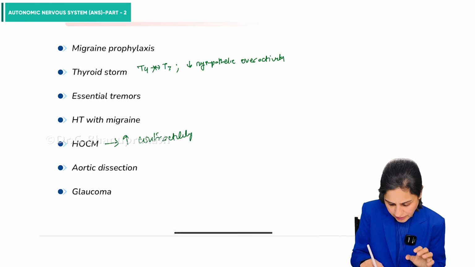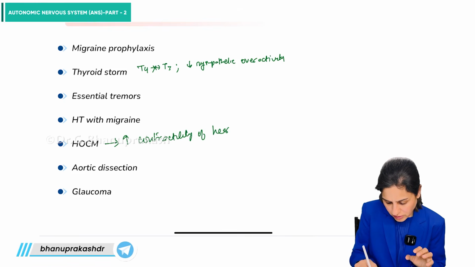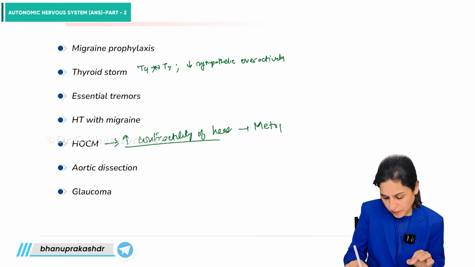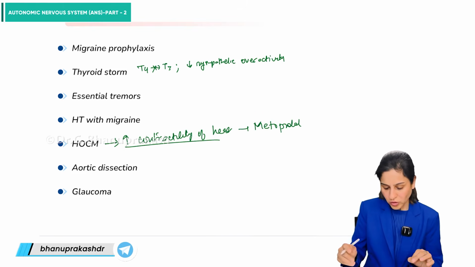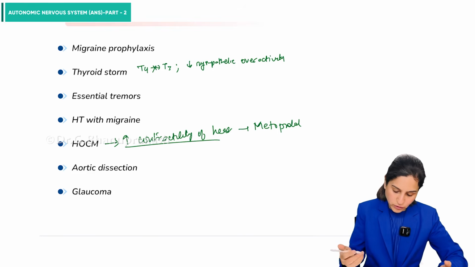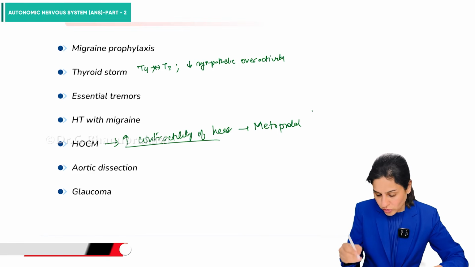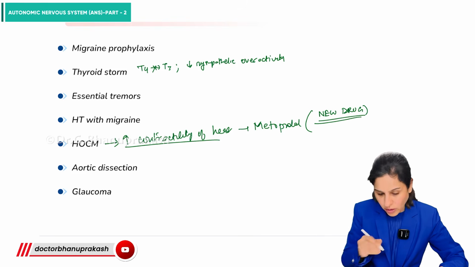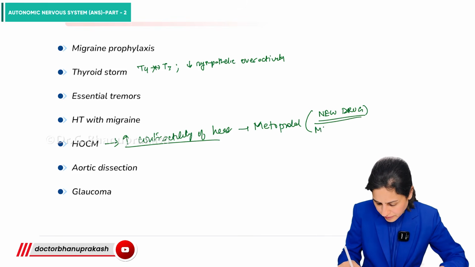So the beta blocker that we use is metoprolol. It will decrease the contractions and therefore it will be helpful in this case. Another drug, a new drug for this, is called mavacamten.